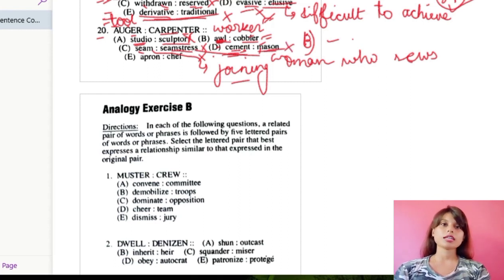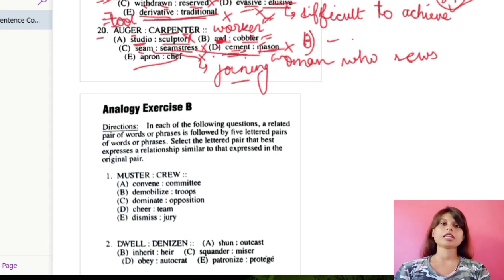Last option, that is option E, is apron and chef. So apron is the thing which the chef wears on the front side when he or she starts cooking, so that no stains can stick to their clothes. In order to protect themselves and their clothes, they wear this apron, a protective garment from the front, so that they can keep themselves clean while cooking.